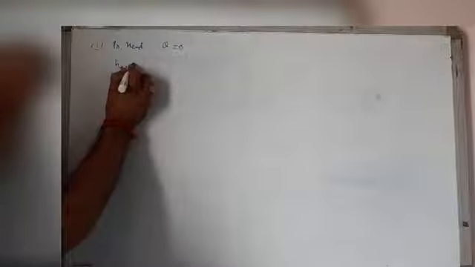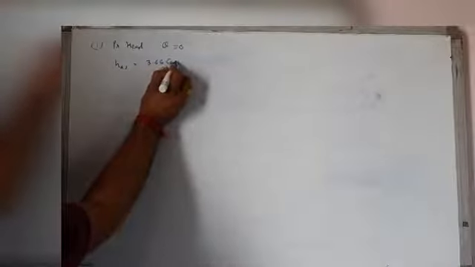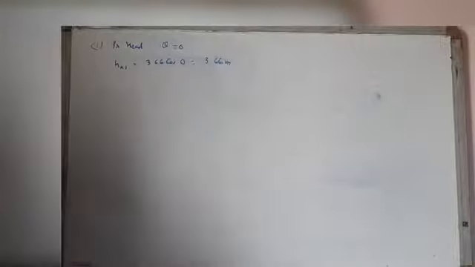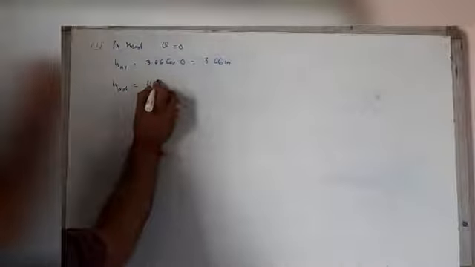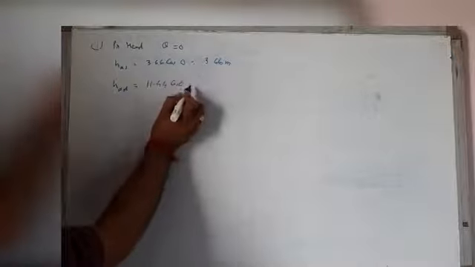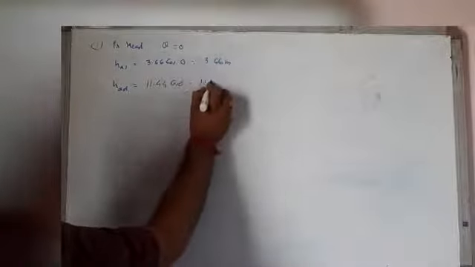Here theta is equal to 0, so the value of suction HAS is equal to 3.66 cos 0 equal to 3.66 meter, and HAD equal to 11.44 cos 0 is equal to 11.44 meter.